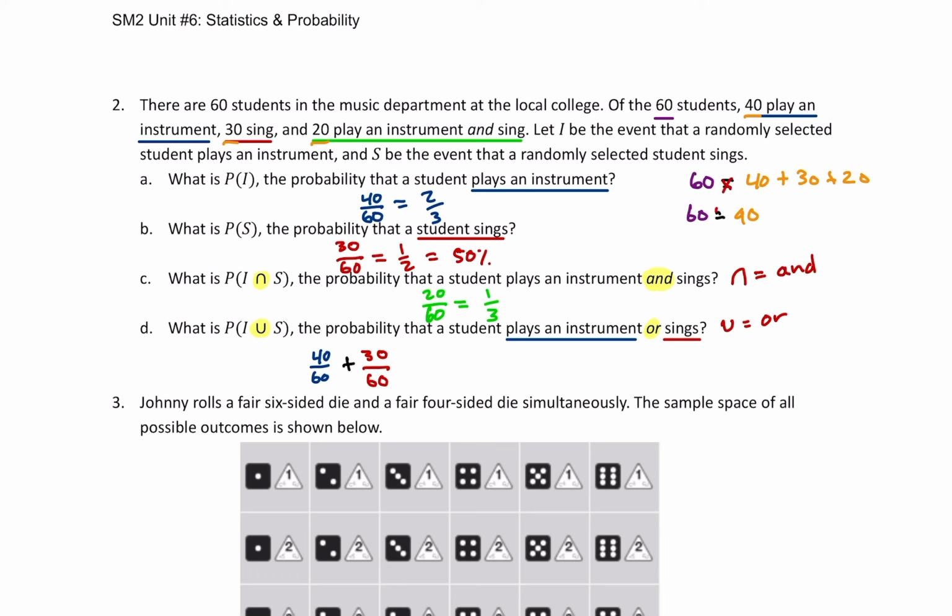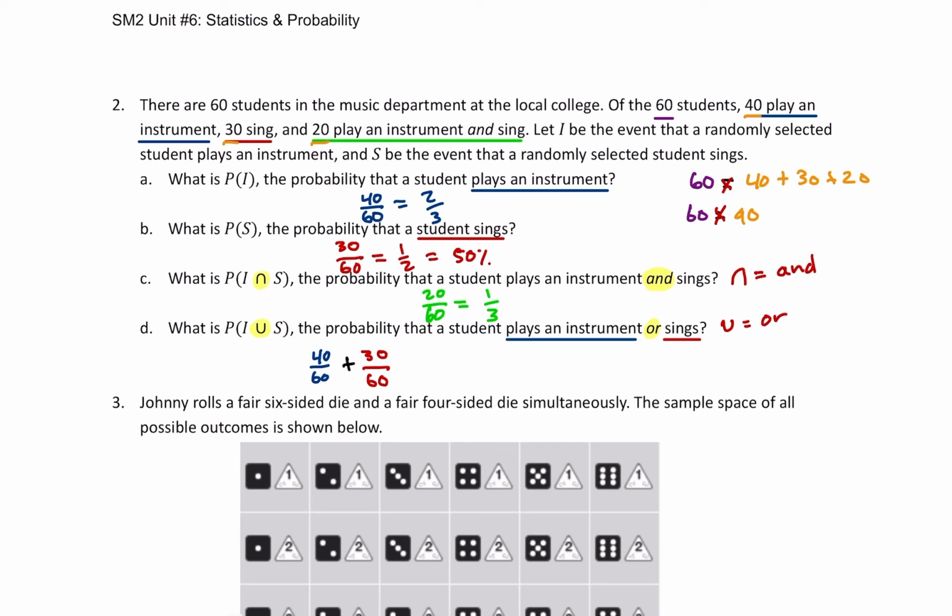If it ends up that they are equal, then they will be mutually exclusive, and we have no problem. We don't have to do the subtraction. But these are not mutually exclusive. They have some overlap. So what's the overlap? How many play an instrument and sing?